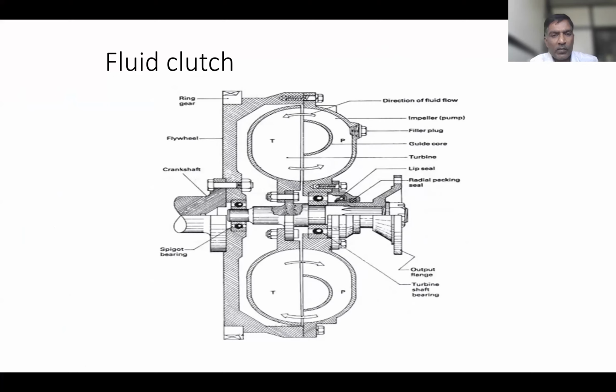Yes, sir. Now you can see a more technical diagram so that you can have better understanding. This one is the, so you can see this is the crankshaft.